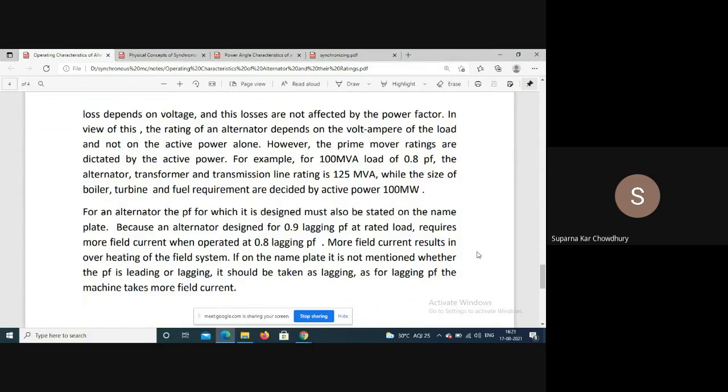the power factor which is specified on the nameplate is the design power factor for which the machine has been designed.